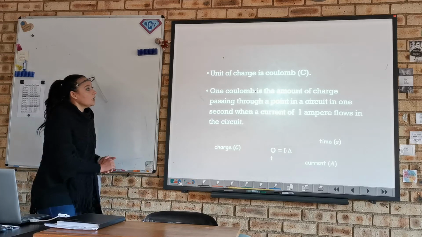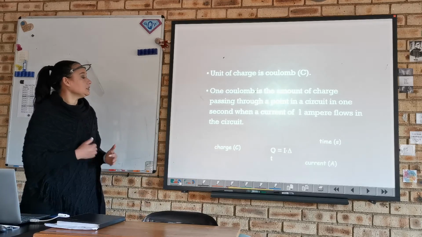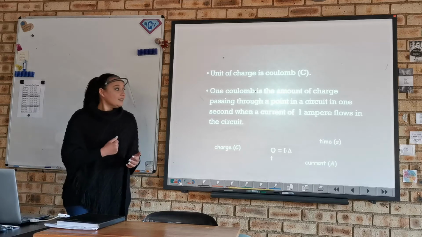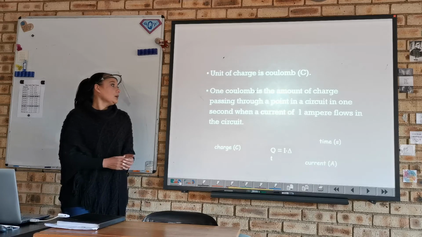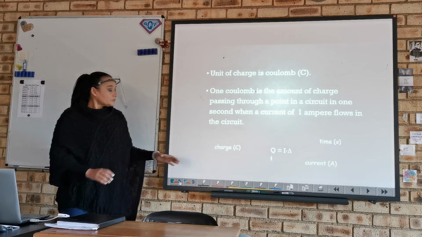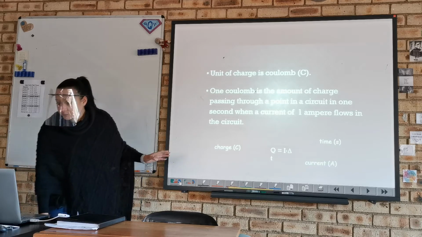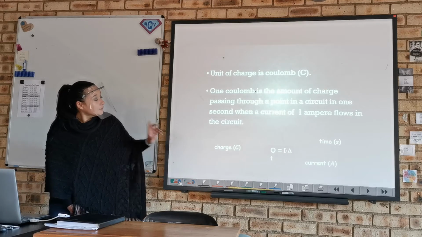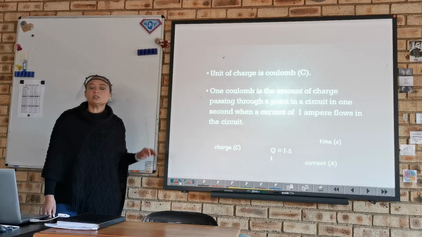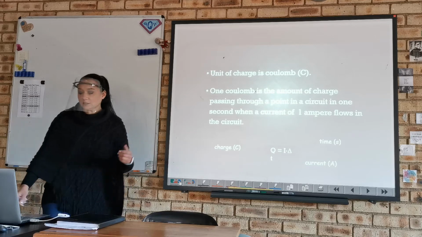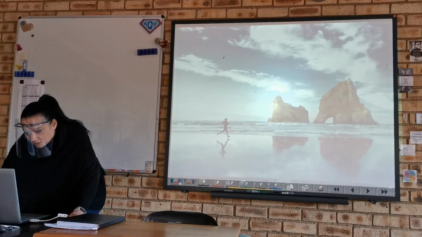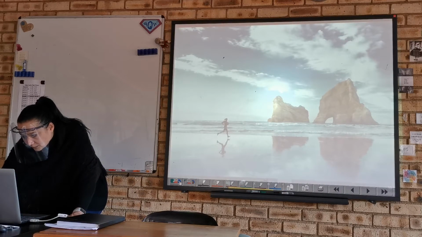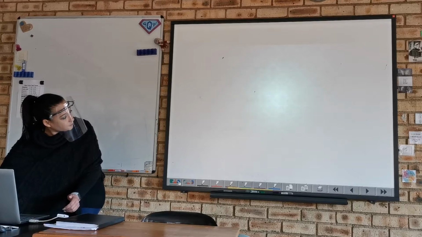One coulomb is the amount of charge passing through a point in a circuit in 1 second when a current of 1 ampere flows in the circuit. To calculate this physical quantity, we use the equation Q is equal to I times delta t.